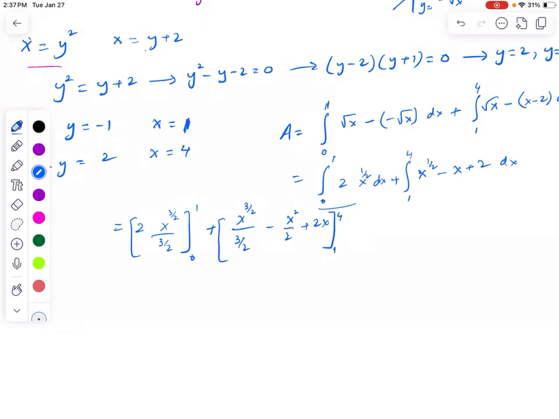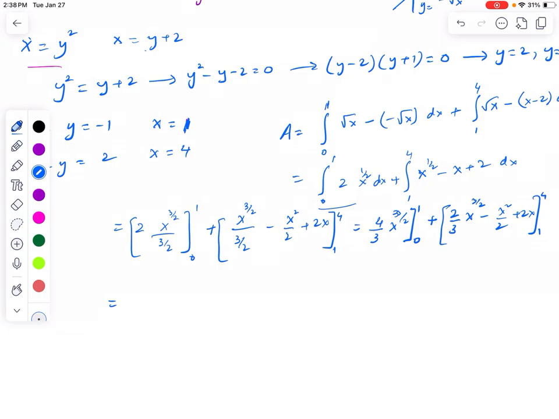Then factor out 1 minus 0 plus 2 over 3 into 4 raised to the power 3 halves minus 4 squared over 2 plus 2 into 4, minus having in the lower limit, which is 1, 2 over 3 into 1 raised to 3 halves minus 1 squared over 2.